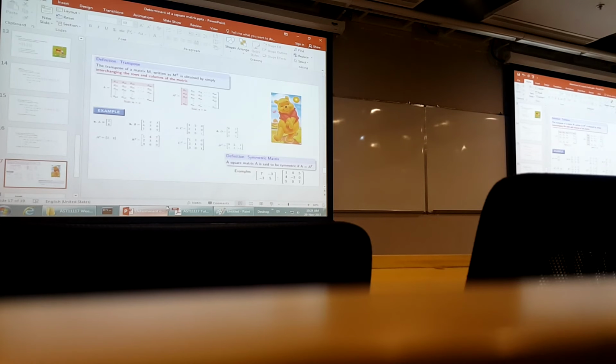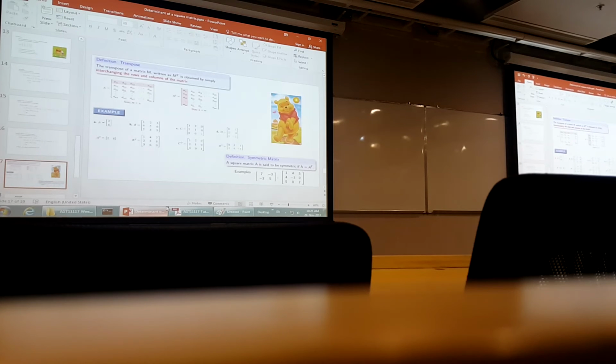Treat this pen as a mirror, then it is -3, -3. Now treat this pen as a mirror. You see, 4 and 4, 5 and 5, 0 and 0. Whenever you see such a pattern, its transpose is the same as itself. And we call such a type of matrix a symmetric matrix.